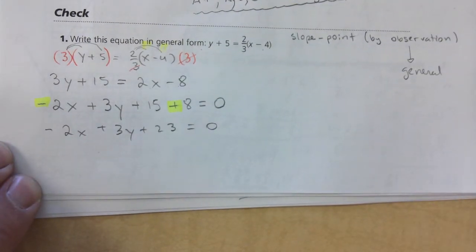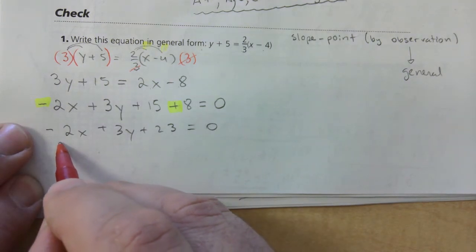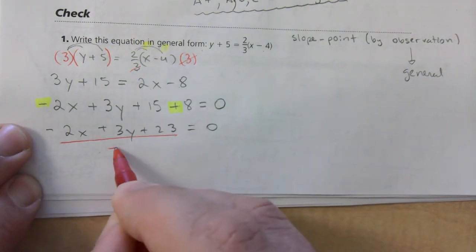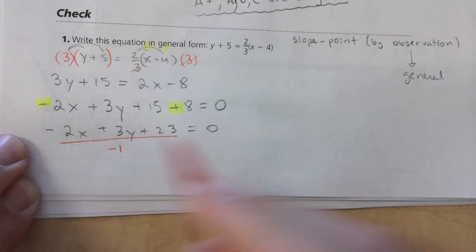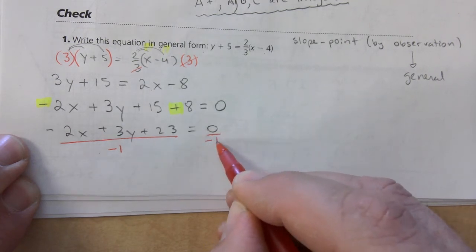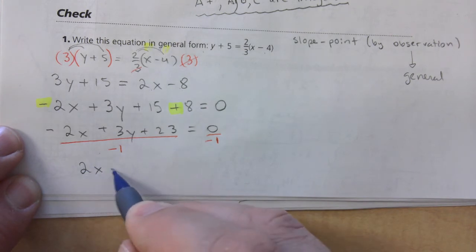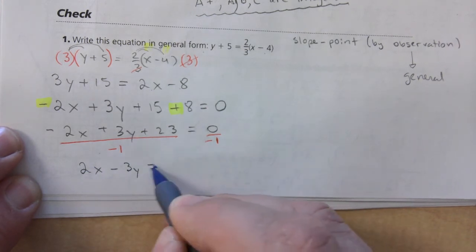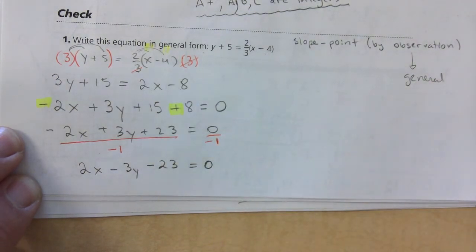And here you decide what you want to do, okay? You want to multiply everything by negative 1 or divide everything by negative 1. It's up to you. I will divide everything by negative 1, because we don't want a to be negative. That's why we're doing this. And divide 0 by negative 1 as well. So just 2x minus 3y minus 23 is equal to 0, because 0 divided by anything is still just 0.